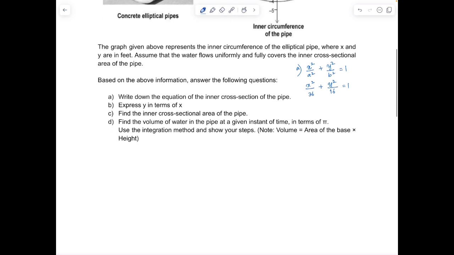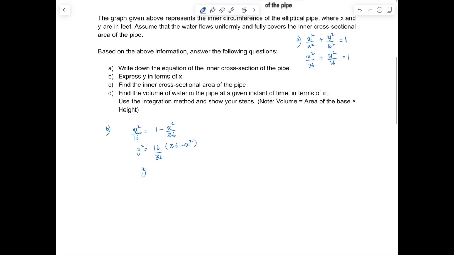Subdivision B. Express y in terms of x. So from the equation we get y square by 16 is equal to 1 minus x square by 36, that is y square is equal to 16 into 36 minus x square by 36.